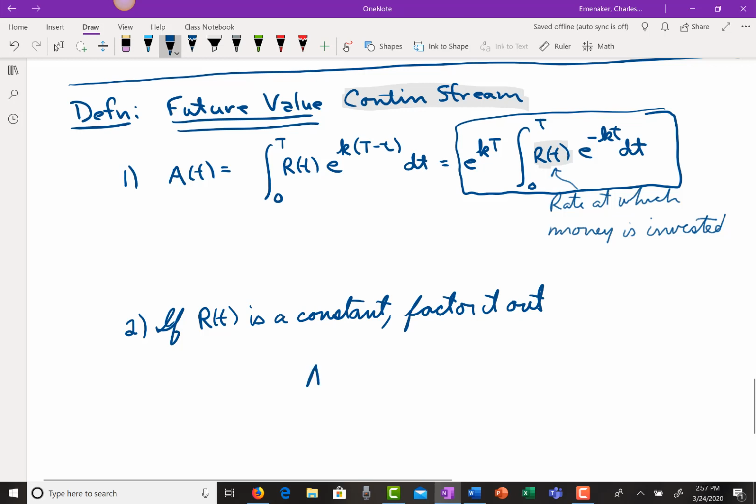and the formula now can be written as e to the k, notice it's a capital T, r of t times the integral from 0 to capital T of e to the negative kt dt.